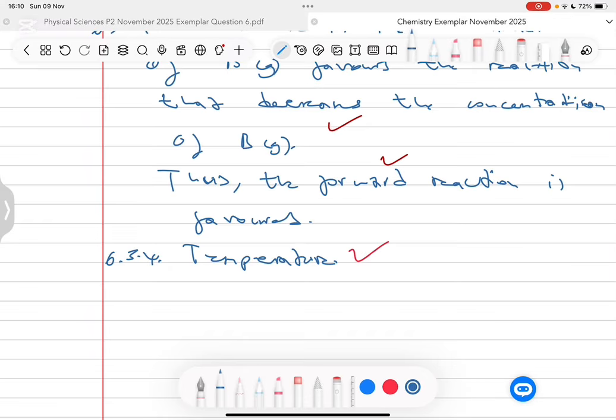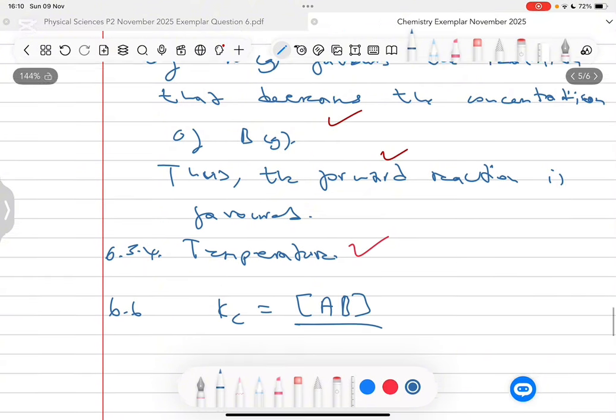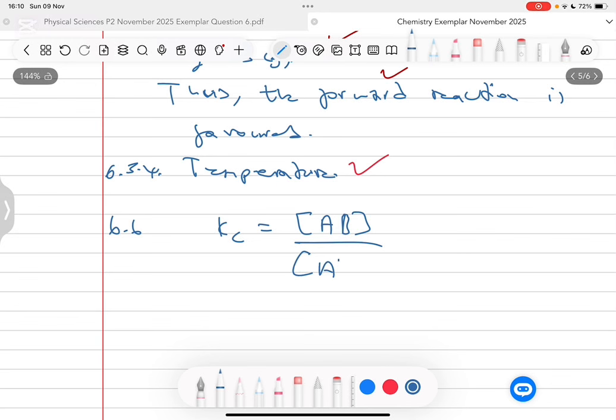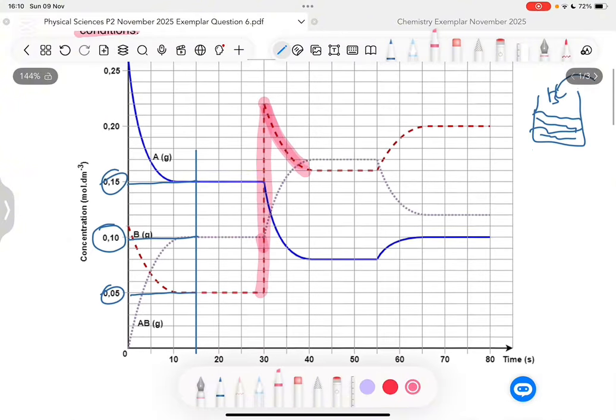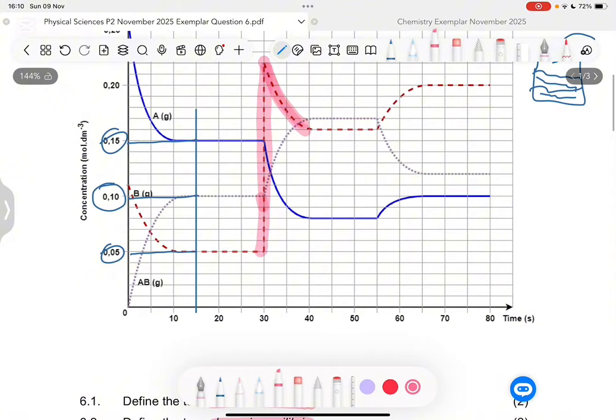Now here I'm going to calculate my Kc. I'm doing 6.6 and I'm saying Kc will still be defined by the concentration of AB over the concentration of A times the concentration of B, because we still have the same reaction. But now here we're going to read our numbers from the graph. So if you come here where we establish the new equilibrium, remember the new equilibrium would be anywhere on this time frame.